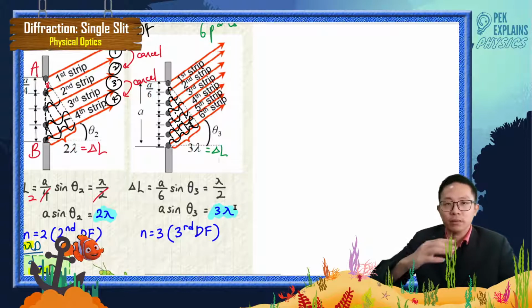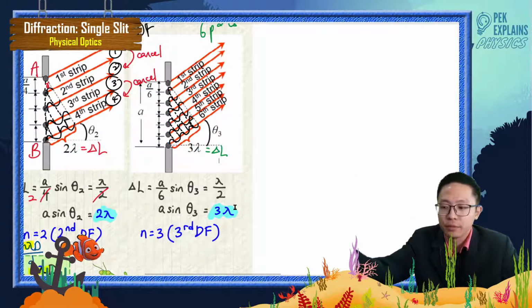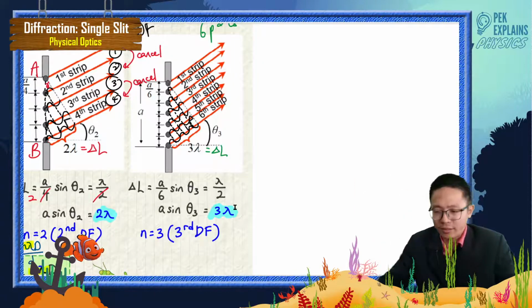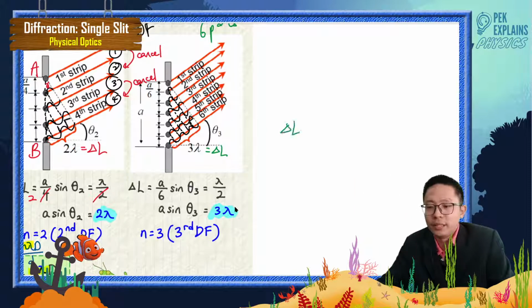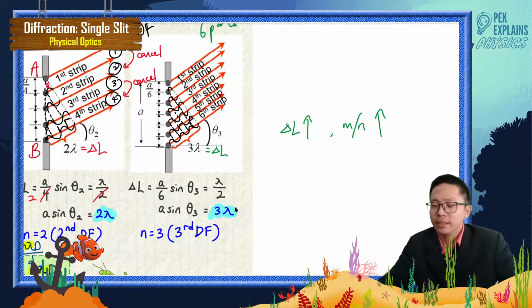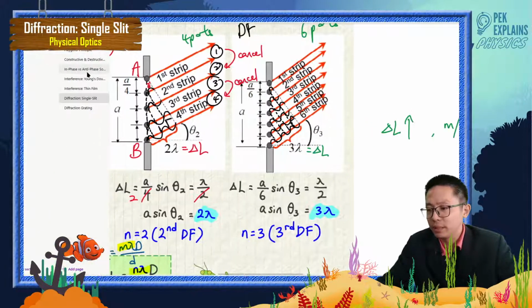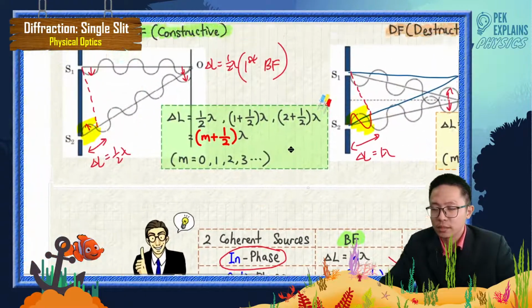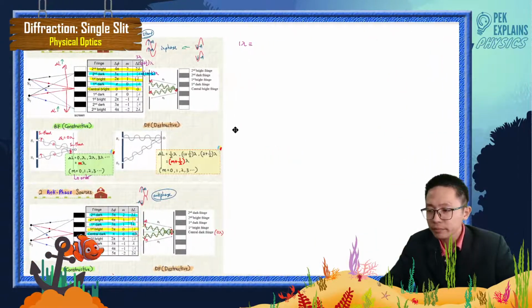So this is much higher up the screen. The bigger the delta L, the higher the order, N or M. We already learned about this, in phase and anti-phase. Remember what we learned before?